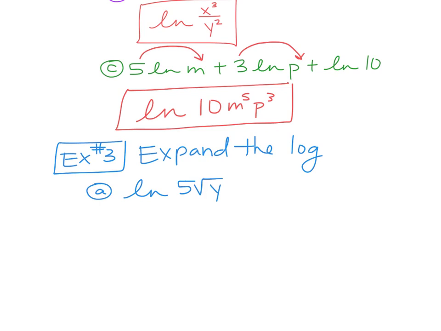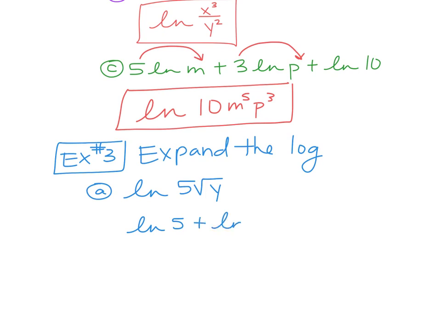Okay, we're gonna expand this. Now, don't let a radical freak you out. It's okay, it's okay. If we're gonna expand this, let's break it into the two pieces that we have, right? We have the natural log of 5. We're multiplying, so we need to do what? Add.